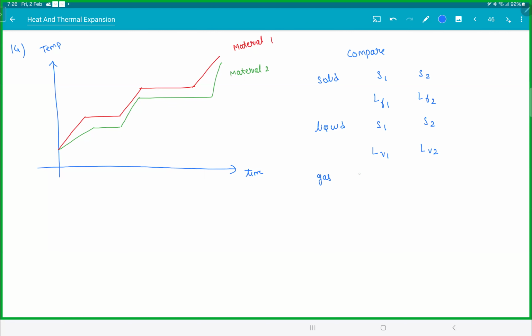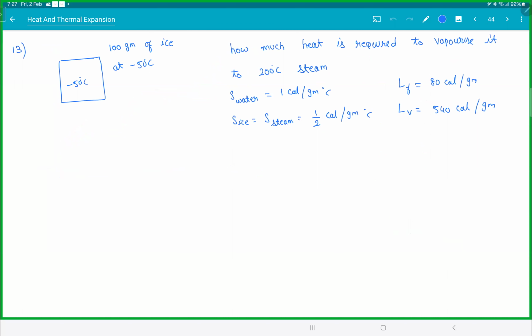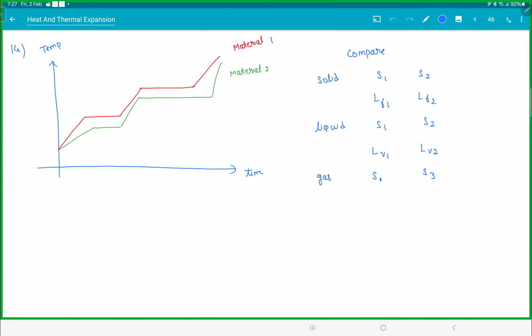And then for gaseous state, whose specific heat is more. So there are two graphs, material 1 and 2. From the graph, you have to tell me who has more specific heat of solid, liquid, gas, and latent heat.